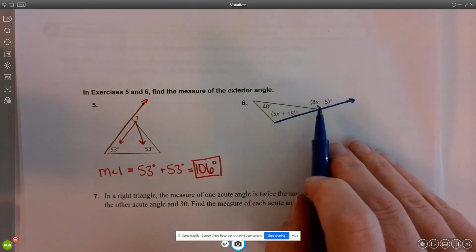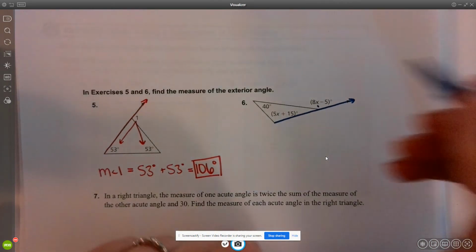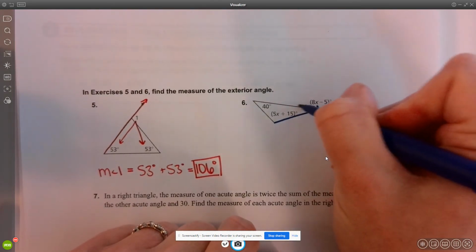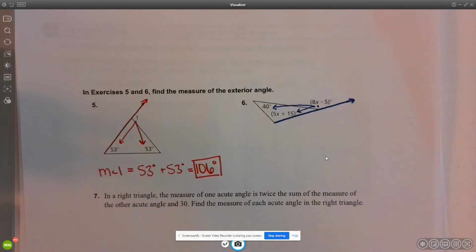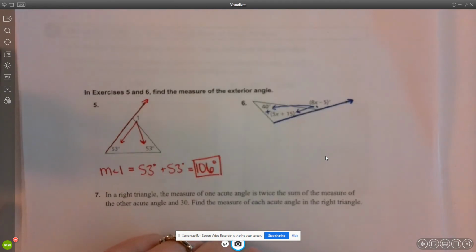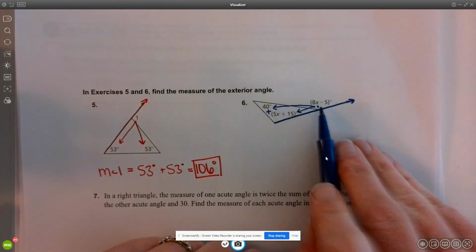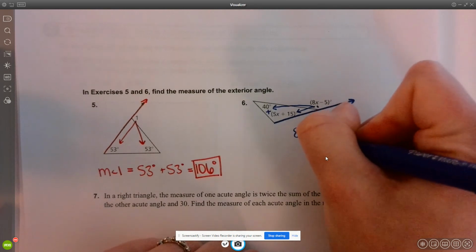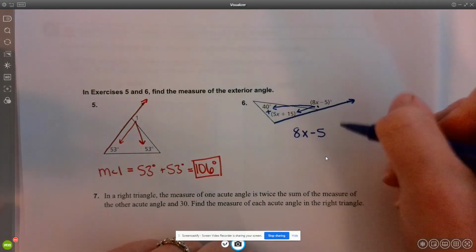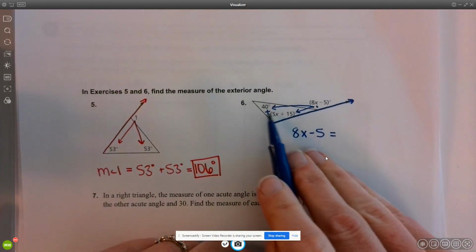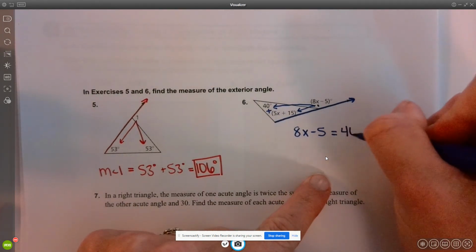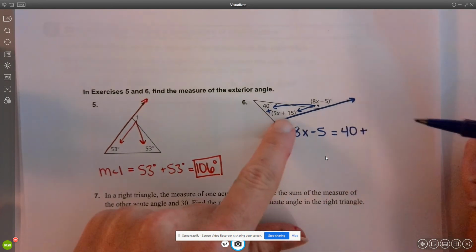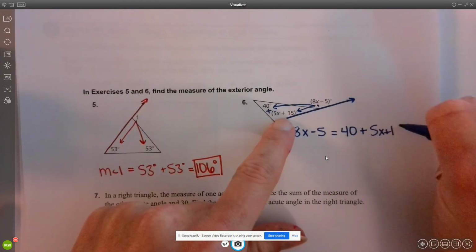We know this exterior angle is equal to the opposite two interior angles added together. So I can use this to set up an equation. My exterior angle, 8x minus 5, is equal to the opposite two interior angles added together: 40 degrees plus 5x plus 15 degrees.